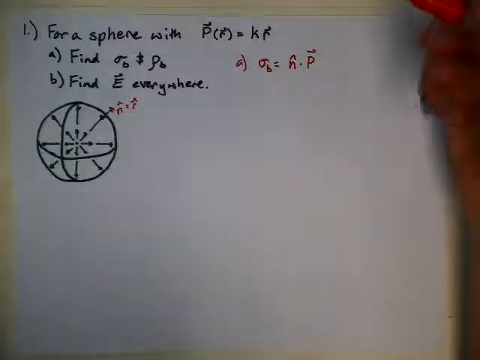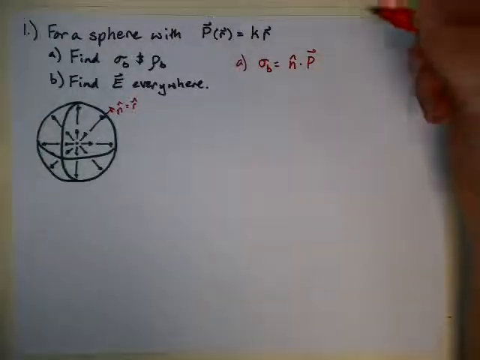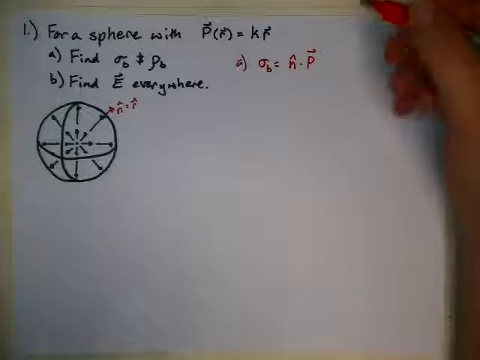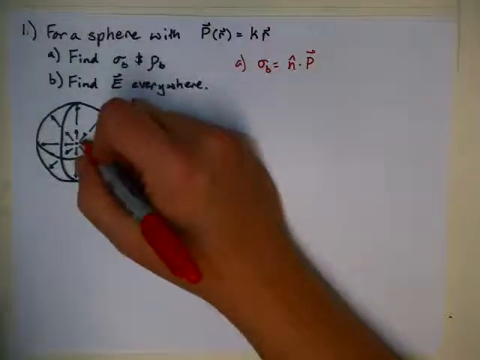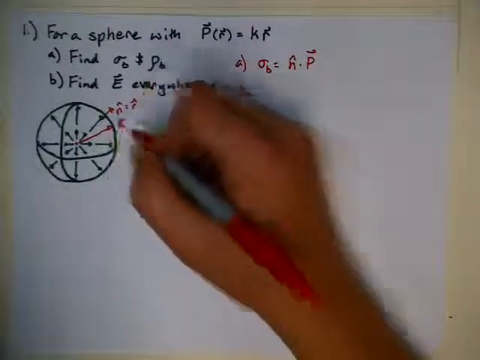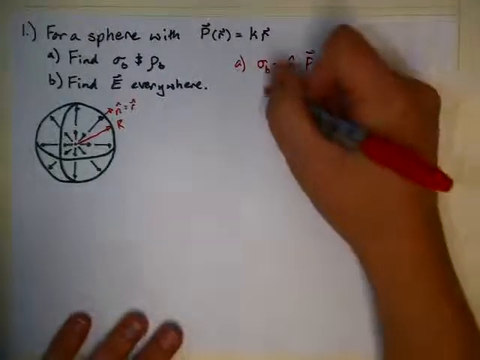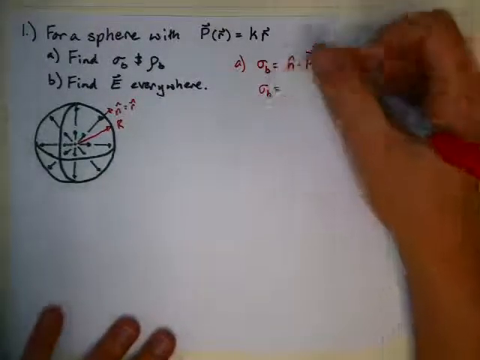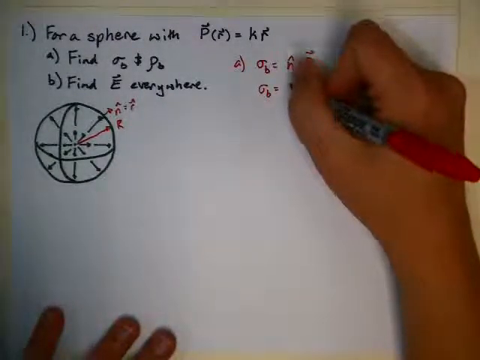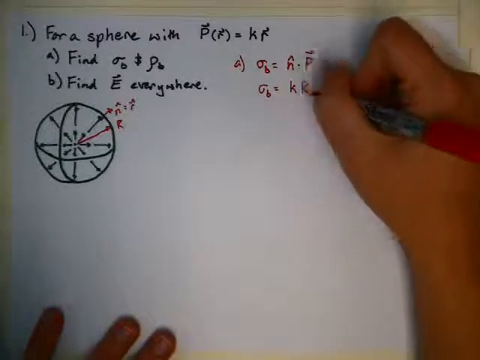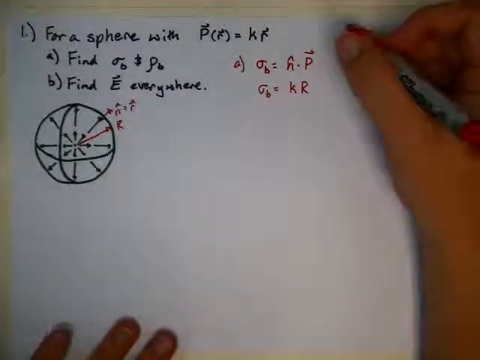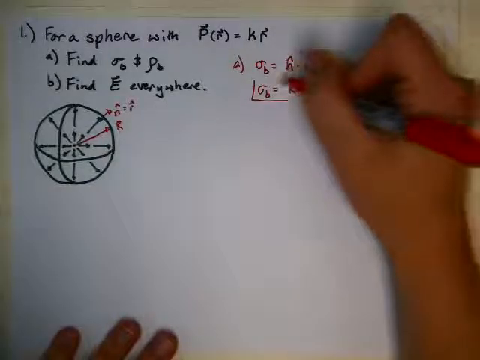So r hat dot r vector is just r. So this is just going to be kr evaluated at this radius, which we'll define as capital R. And so sigma b is simply k times capital R. And that's it. Okay, so that's sigma b.